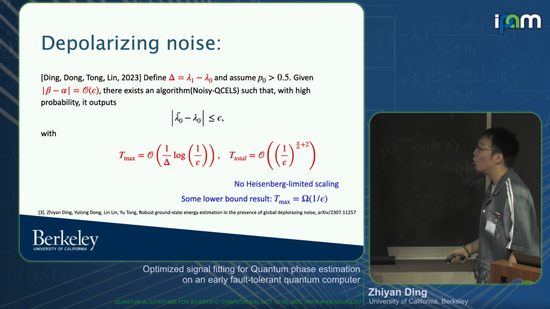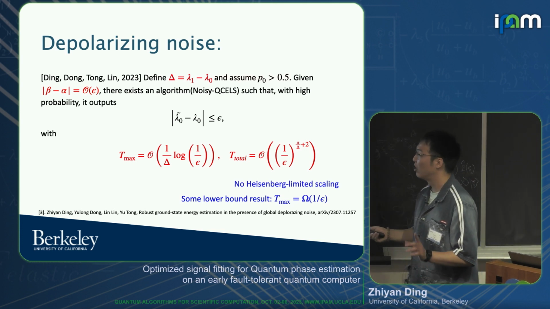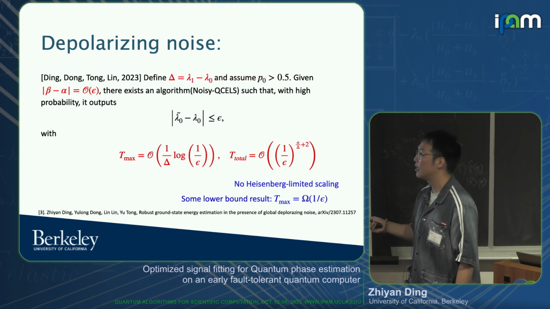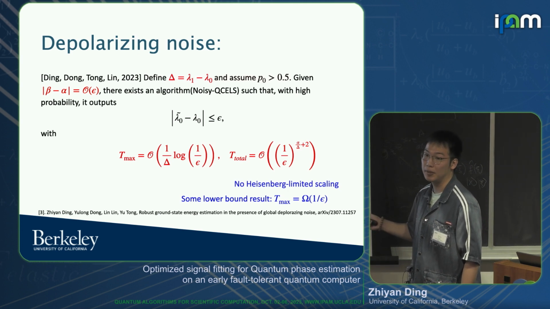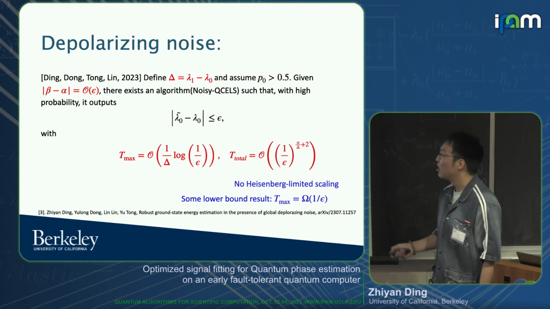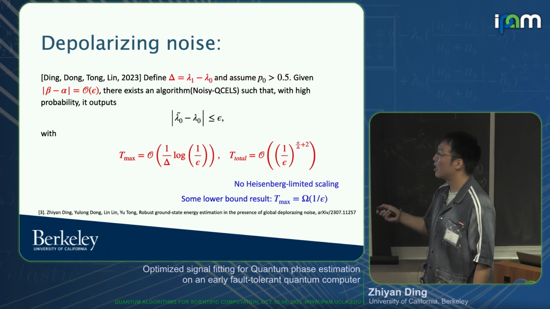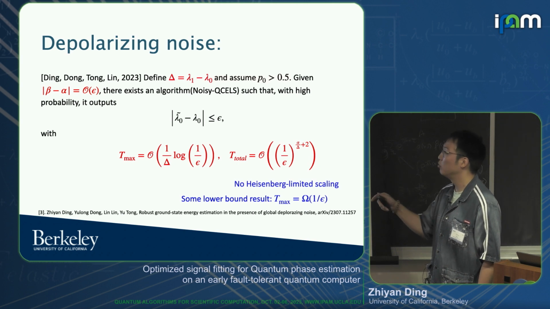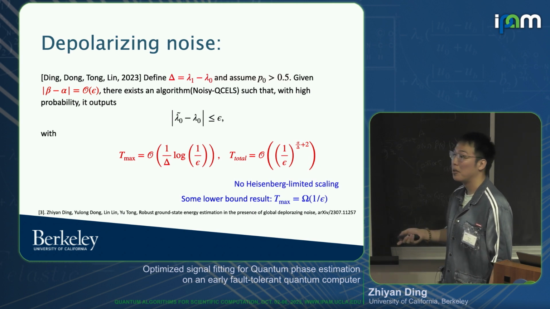So one thing I can say for sure is that when we deal with this depolarizing noise, there is no hope to get the Heisenberg limited scaling because your Tmax cannot be 1 over epsilon. Basically, I think the best result we can hope for is something like 1 over epsilon squared.